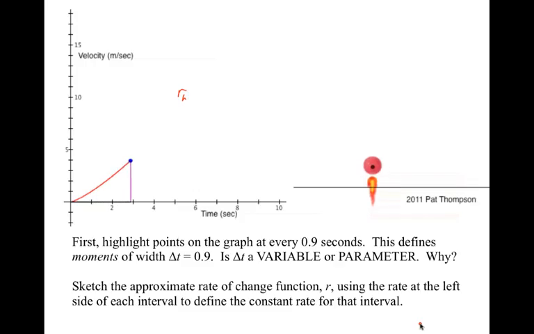Yeah, and then if you want to also define it, okay, you never drew the function. So you're going to sketch the approximate rate of change function. Yeah, so you're sketching the approximate rate function, and then when you're ready, you can write out its definition down below.